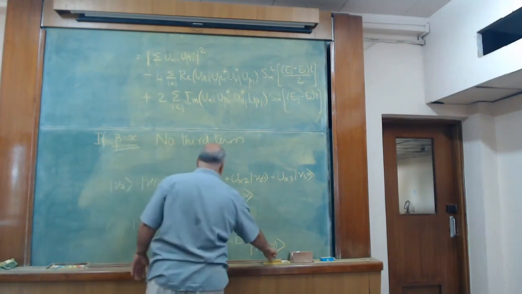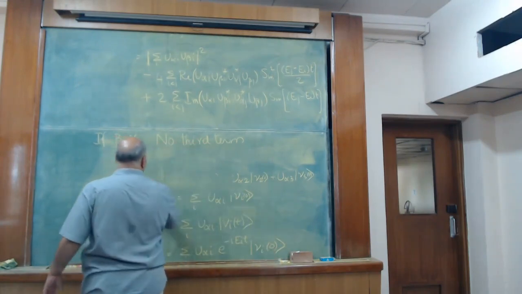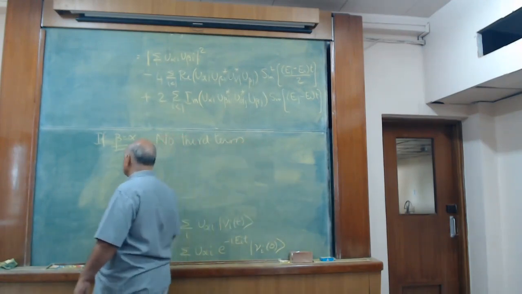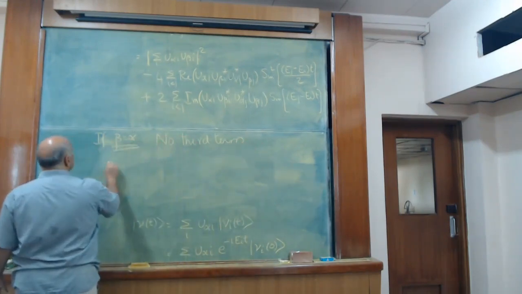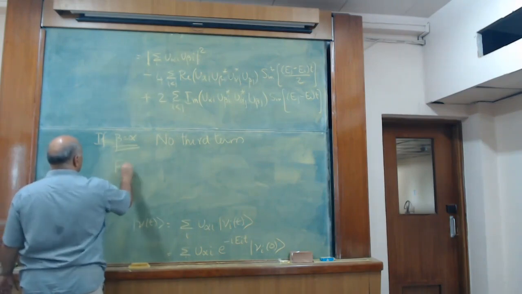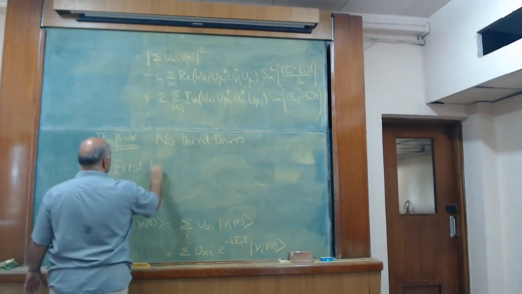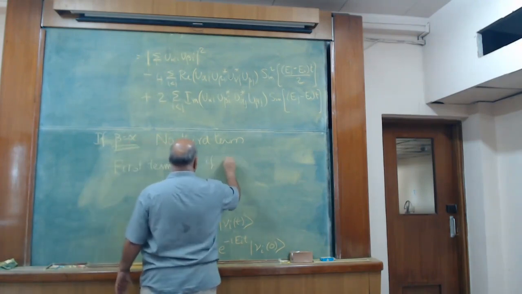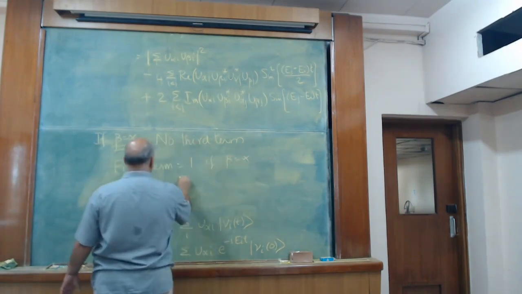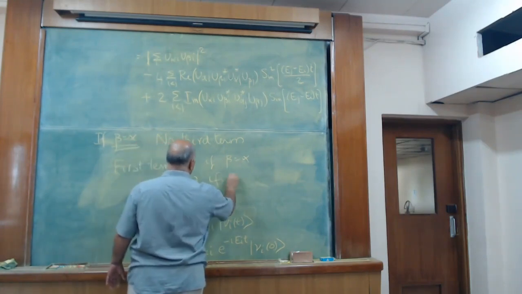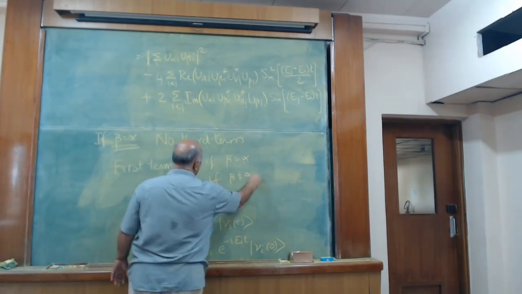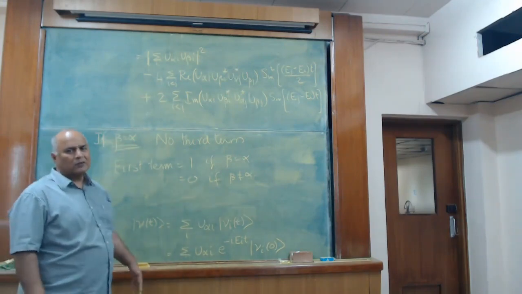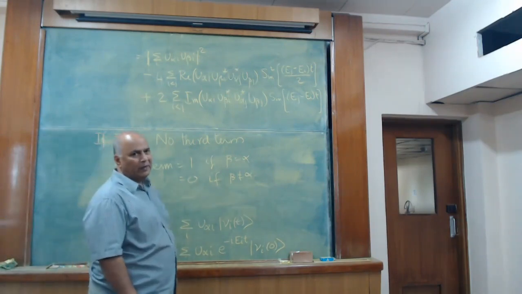And also, by the unitarity of u, the first term is 1 if beta equal to alpha, 0 if beta not equal to alpha. So we write the first term as delta alpha beta.